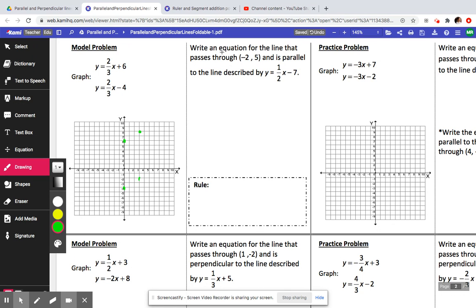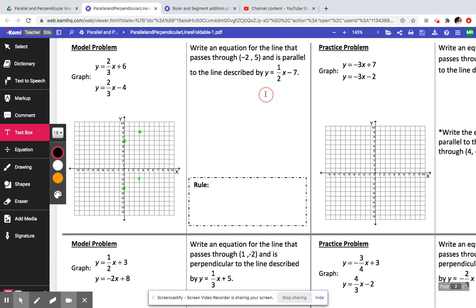Another way is that you might have a point and another line already, so y equals 1/2 x minus 7. If we are trying to make a parallel line to this line here, we know our slope is 1/2.